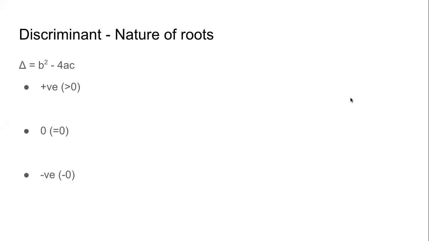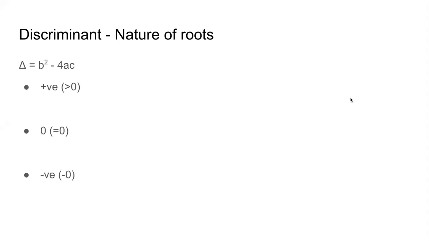Remember the word discriminant I have used before, but we have not studied before. That word discriminant refers to this value under the square root, which is b square minus 4ac. This value is called the discriminant, and it is represented by the symbol delta.